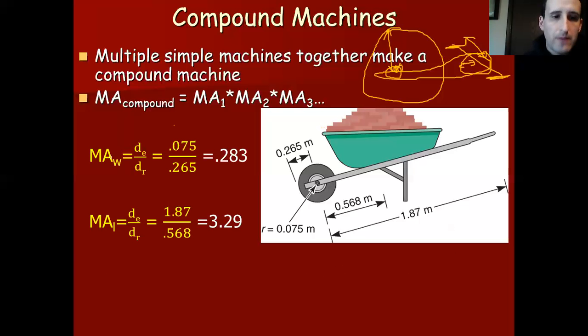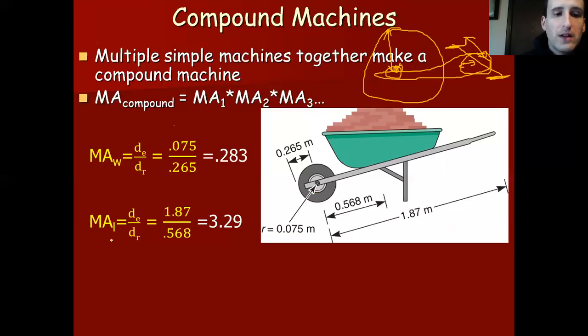Okay, so the mechanical advantage of the wheel. Again, we are putting our effort in at the axle, so we put our effort in at the small distance and divide it by the radius of the wheel, the big distance. So this is the wrong way, and we're going to get a mechanical advantage of less than 1. So we're actually dividing our force effectively the way we use this wheel.